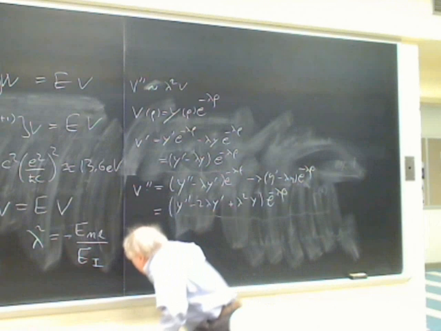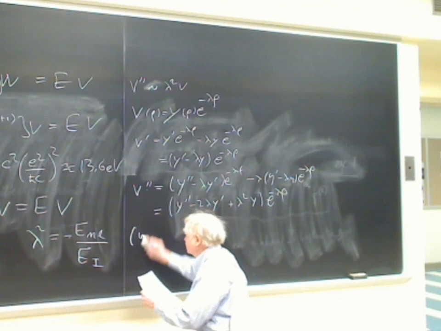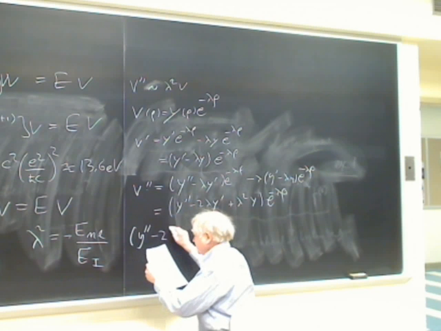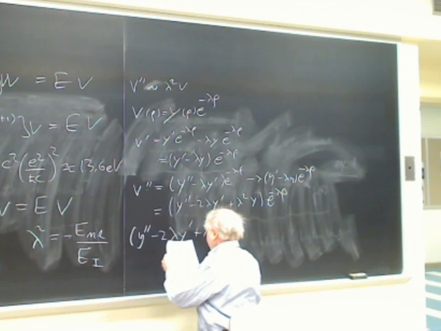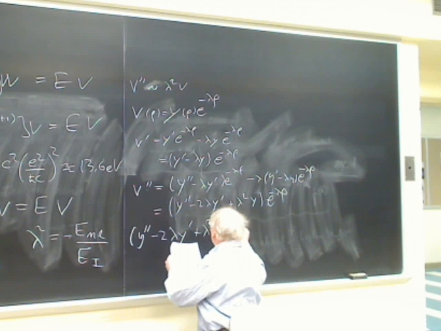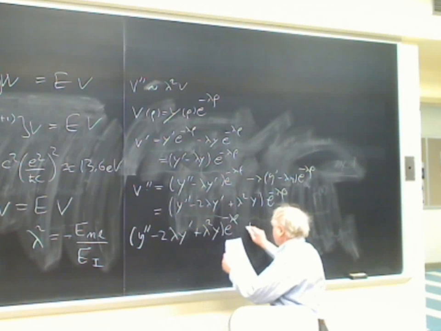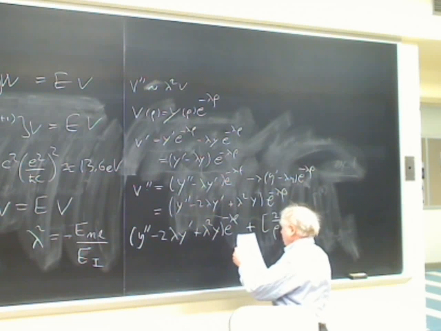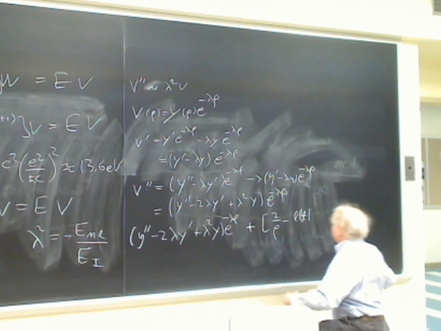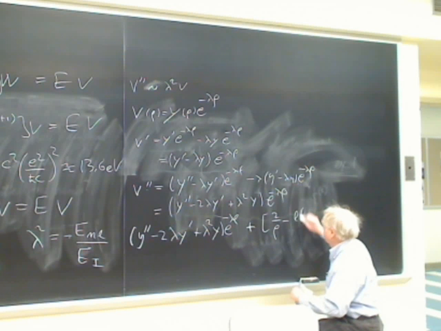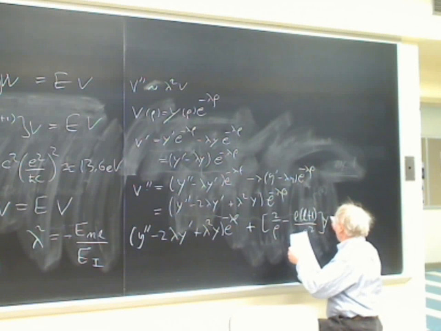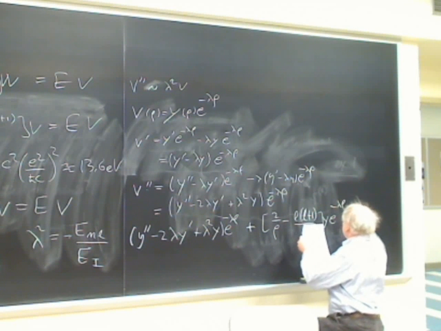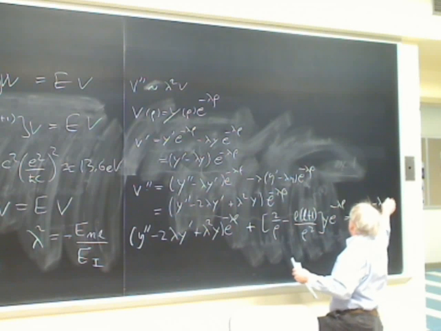So let me write down the whole equation here. It's y double prime minus 2 lambda y prime plus lambda squared y, times e to the minus lambda rho, plus 2 over rho minus L plus 1 over rho squared, times y e to the minus lambda rho, equals lambda squared y e to the minus lambda rho.